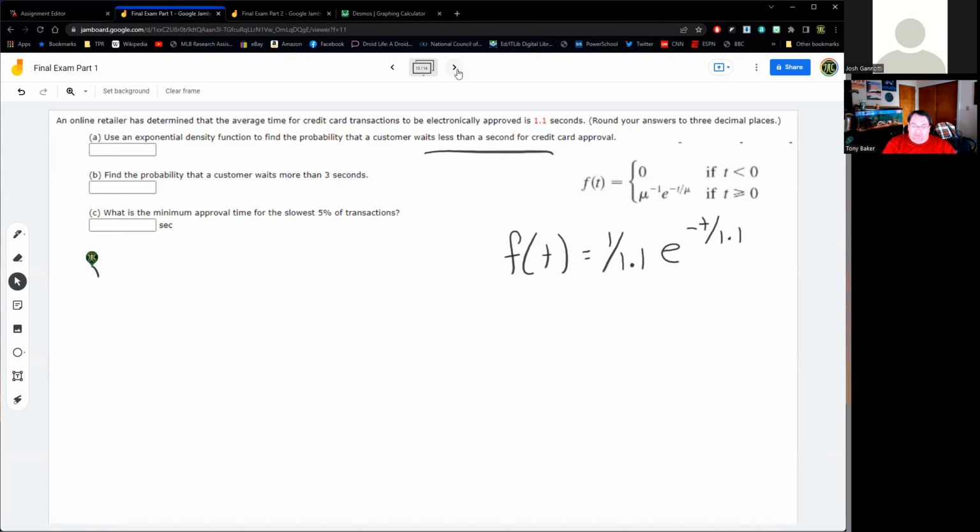So we've got the integral from B to infinity of 1 over 1.1 e to the negative t over 1.1 dt. So we do have to do the integration for this one. Doing the integral for this, it ends up being just negative e to the negative t over 1.1.